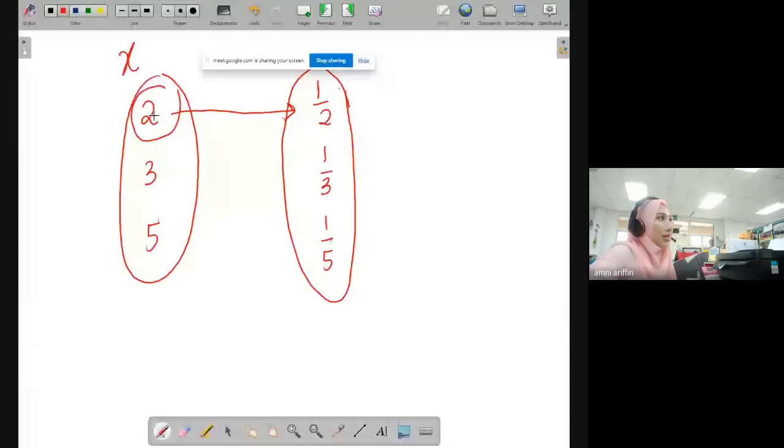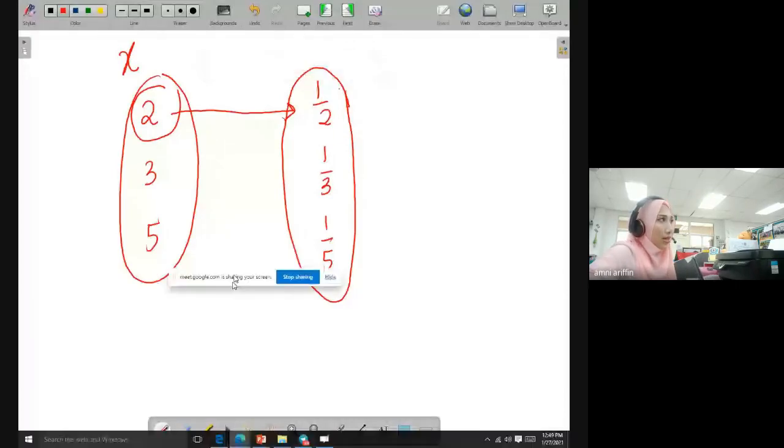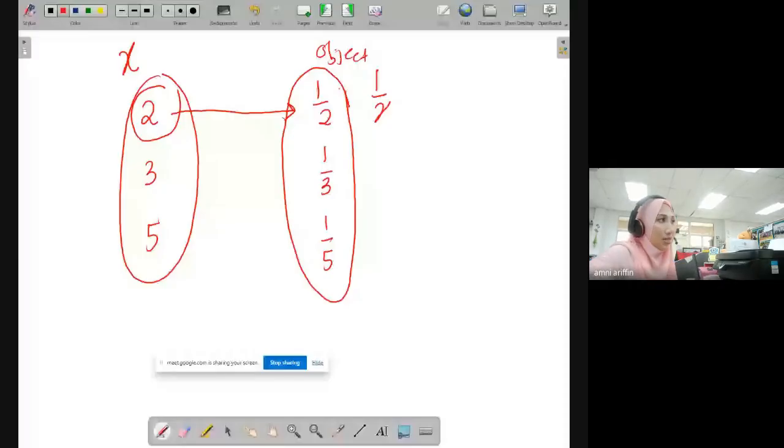So x kamu is the object dekat sini. Image dia akan jadi 1 over x. Okay. So kamu punya notation is hx equal to 1 over x. Okay, Cikgu, nampak kejap, x is 2. So dia punya image is 1/2.